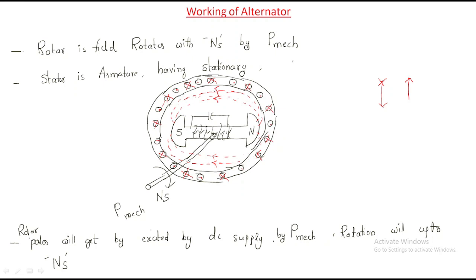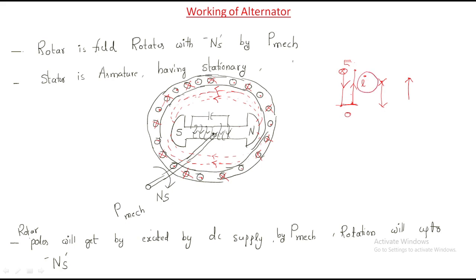So by Faraday's law of electromagnetic induction, the EMF will be generated across all these conductors, and these conductors are shorted on one side like this. Then automatically on one side EMF is generated and the other side is zero. Then the currents will be produced.